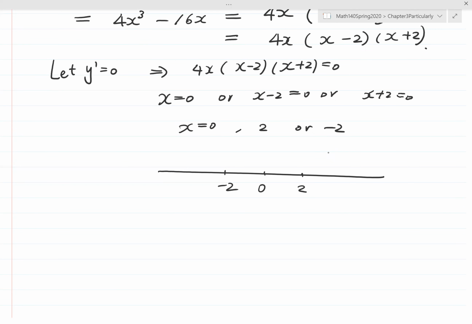And then once you pass through a root, if it's even power, it doesn't change its sign. If it's odd power, then it changes sign. So every time you have an odd multiplicity root, you change its sign.